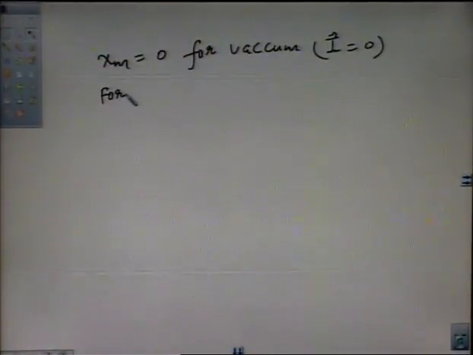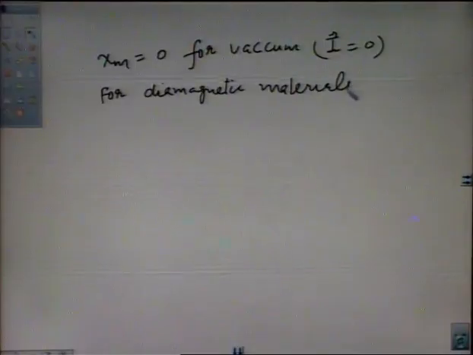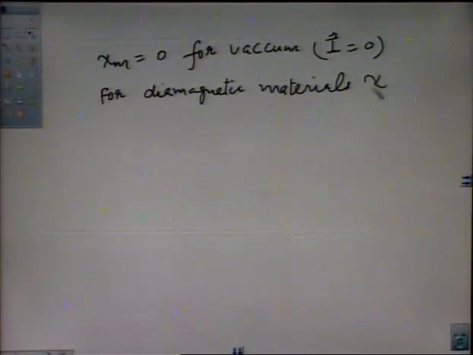For diamagnetic materials, the value of chi m is negative. It is always less than 0 for diamagnetic materials.